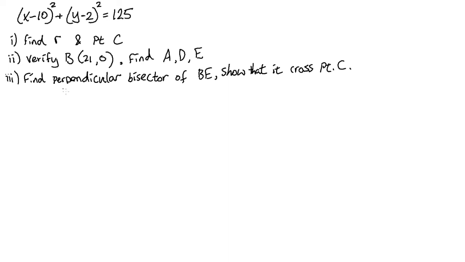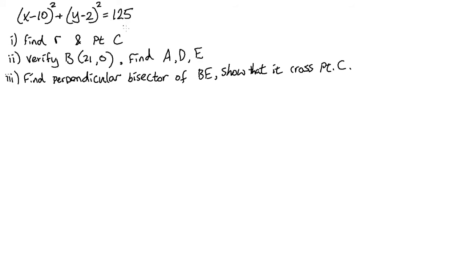Okay, so part 1 is just find the radius and the coordinates of the center point. And conveniently, the question gave us the equation of the circle using the general equation of the circle, which is very helpful because we know that the x coordinate of the point C is the solution for x when x minus 10 is 0, and the y coordinate of the center is the solution for y when y minus 2 is equal to 0.